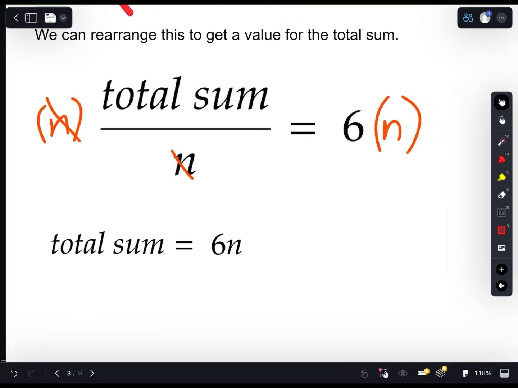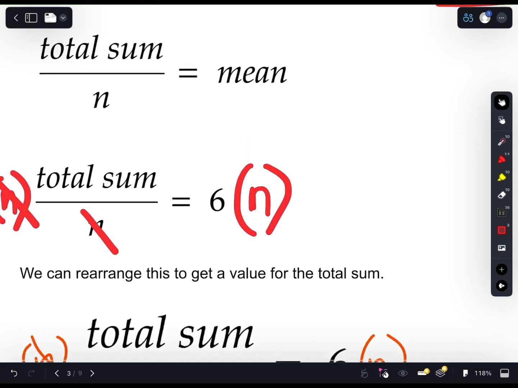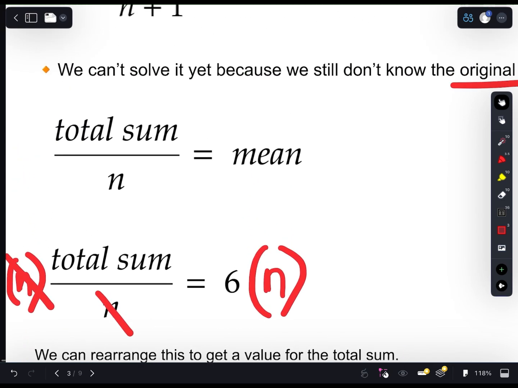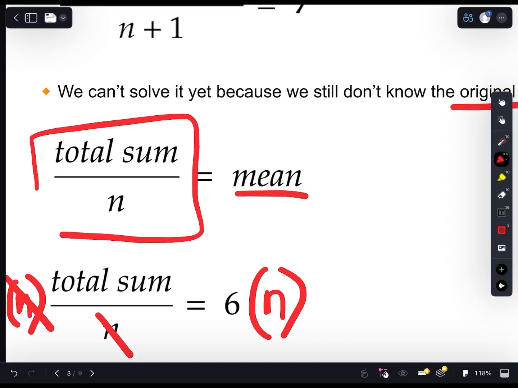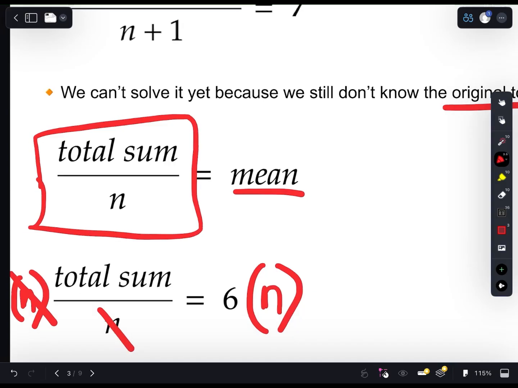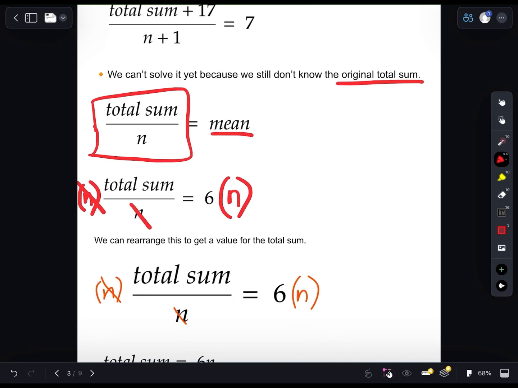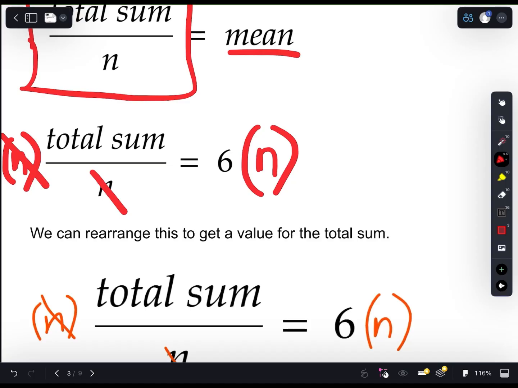And that actually makes a lot of sense, because if you think about the mean, what is the mean? The mean is the average. If you have a bunch of numbers and you divide them by however many numbers there are, that gives you the mean. So if you have the mean and you multiply it by the number of numbers, that gives you the total sum of those numbers.